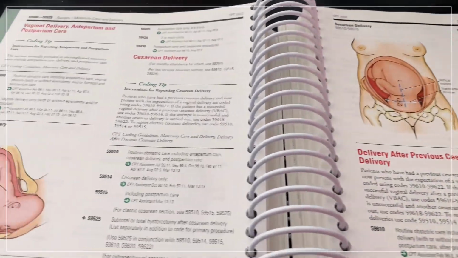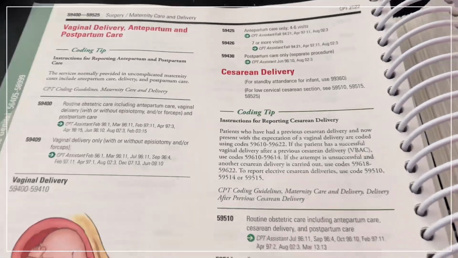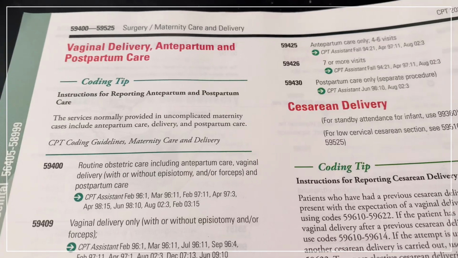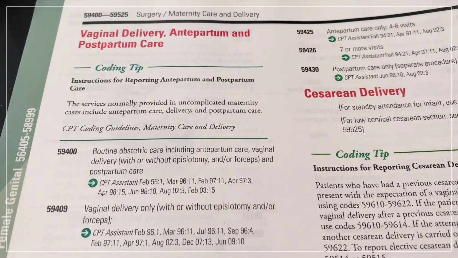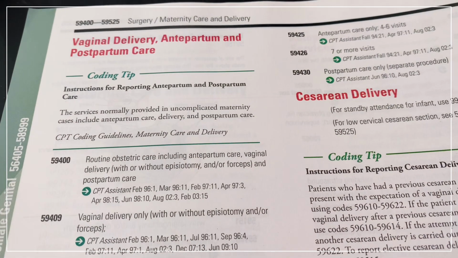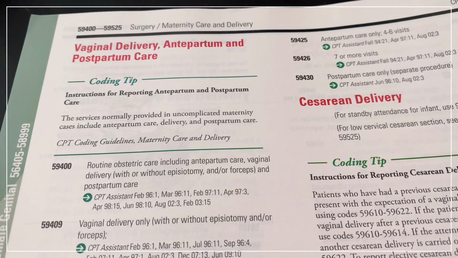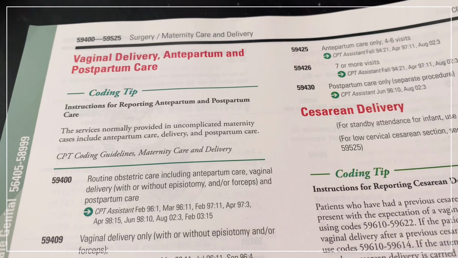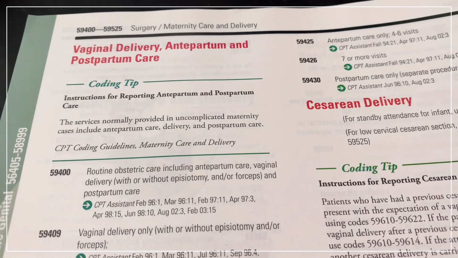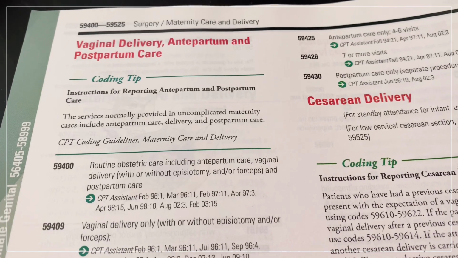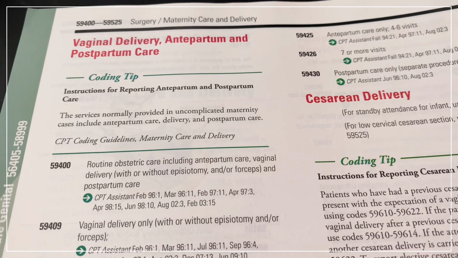And now we are looking for vaginal deliveries, because this was a vaginal delivery where we provided all the patient's prenatal care, and we'll provide her postnatal care, so the postpartum period. And we did the delivery. So I'm going to be reporting 59400 because we did not bill anything like E&M wise for all of her antepartum care or prenatal visits.